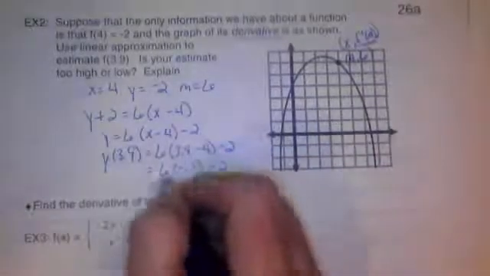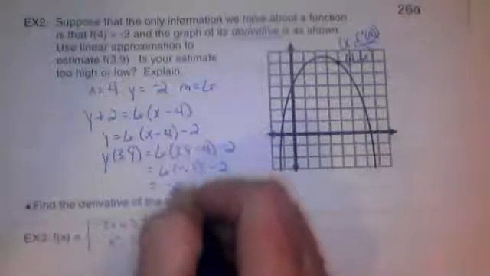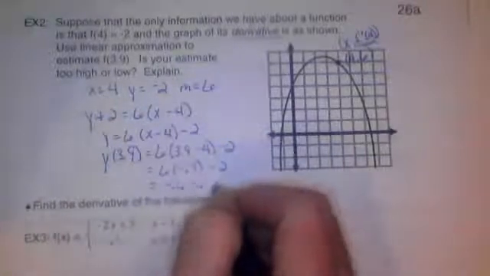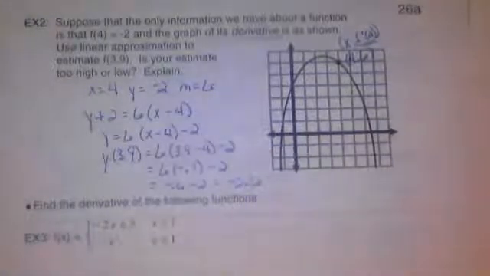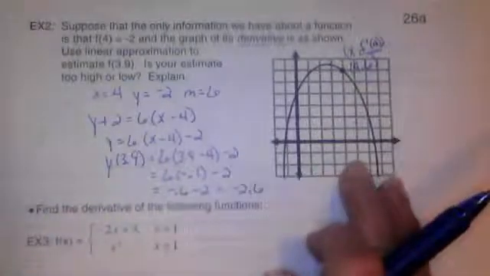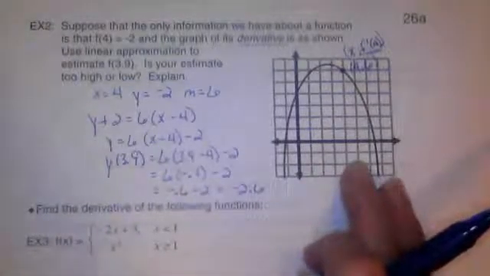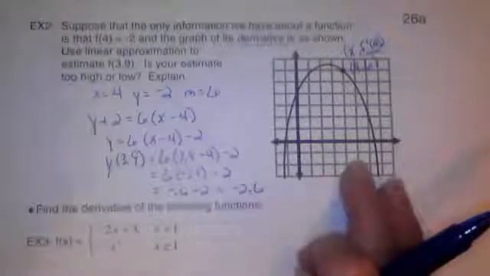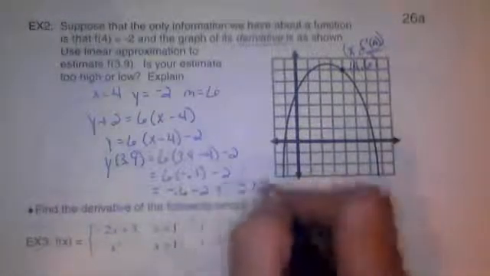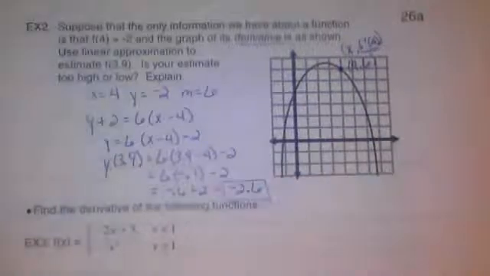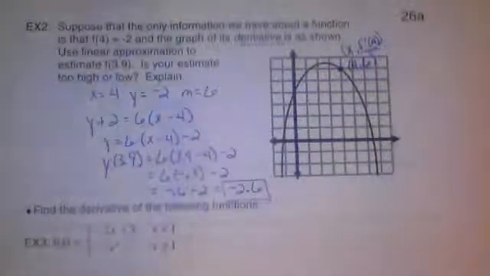So 6 times negative 0.1 is negative 0.6 minus 2, or negative 2.6. And that's pretty easily done without a calculator. They forced our hand because we didn't know the actual function graph to plug in our 3.9. So we know that it's approximately a value of negative 2.6 on the curve.